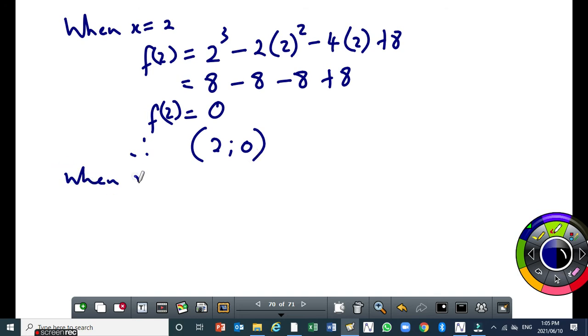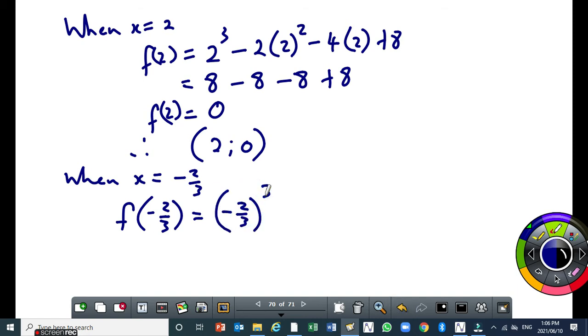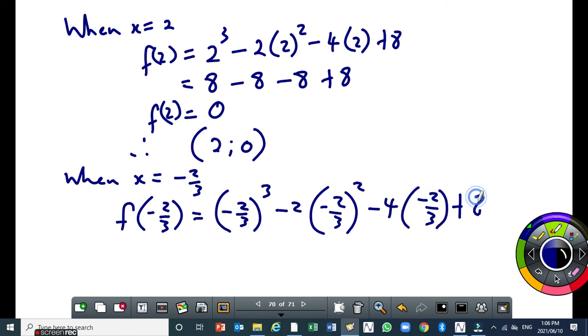Then, when x is equal to minus 2 over 3, right? So we say f of minus 2 over 3 will be equal to minus 2 over 3 cubed minus 2 times minus 2 over 3 squared minus 4 times minus 2 over 3 plus 8.